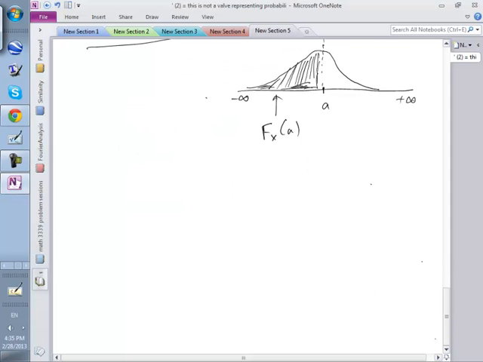What is the proper definition of a continuous random variable?